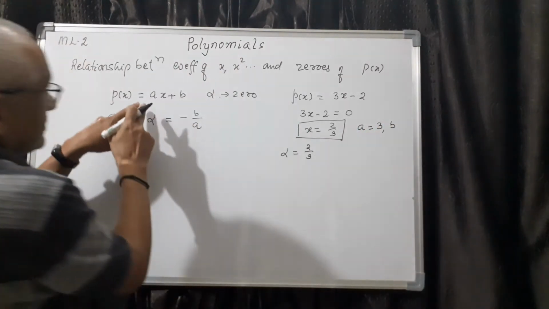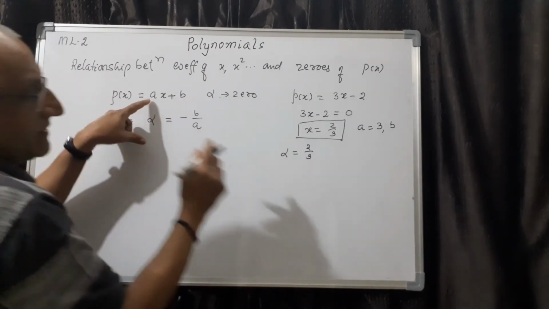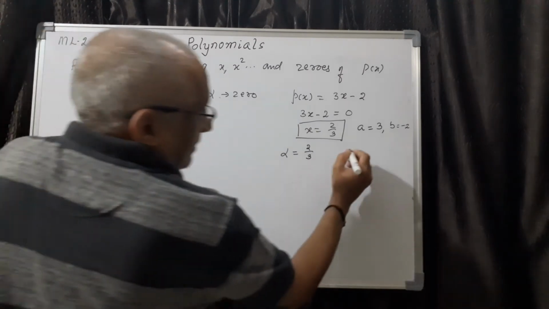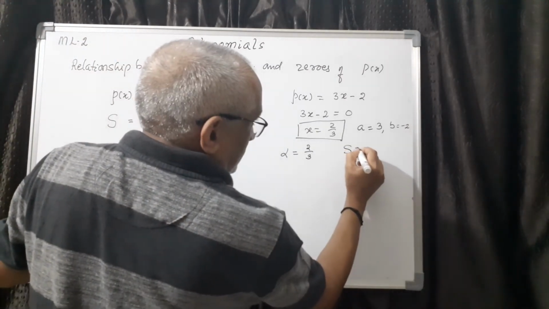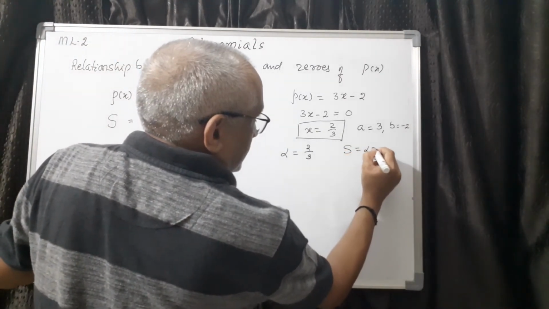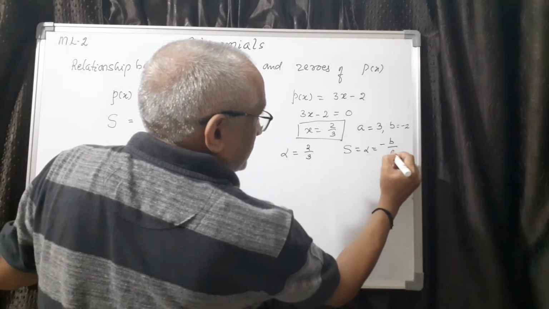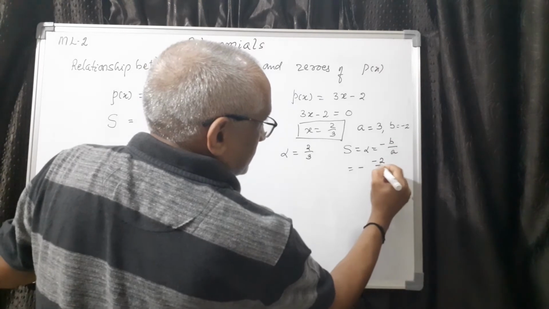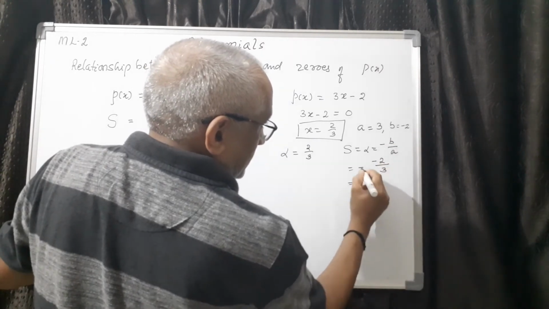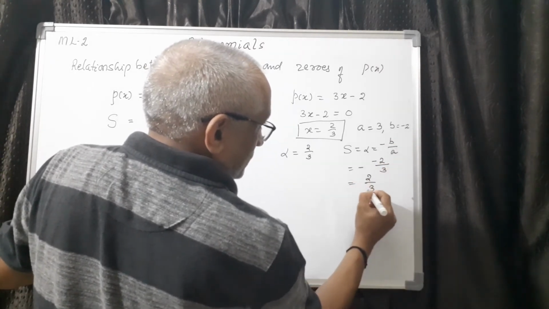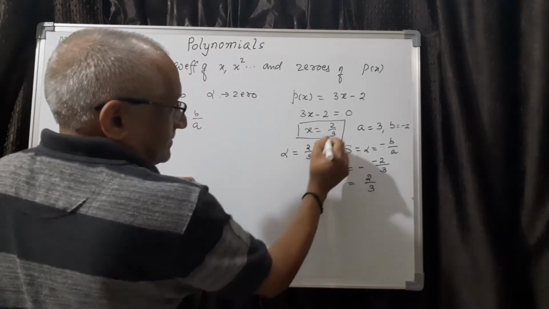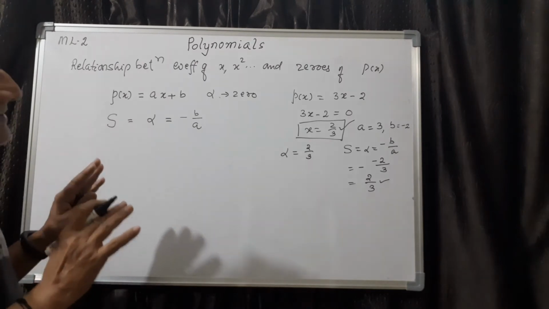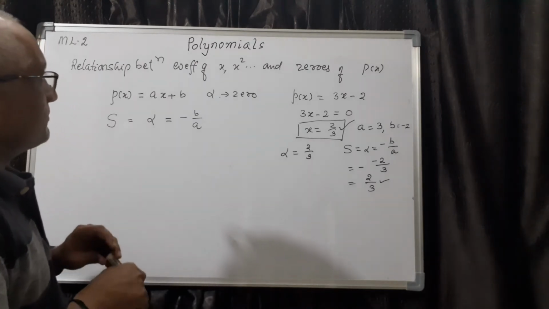Because coefficient of x is a, b is minus 2. Now take this relation, s equal to alpha, and that is equal to minus b by a. Substitute, what is b? Minus 2 divided by 3. So minus of minus becomes plus, so 2 by 3. So you can see here, this is also 2 by 3, this is also 2 by 3. This is a very simple case, that is a linear polynomial.